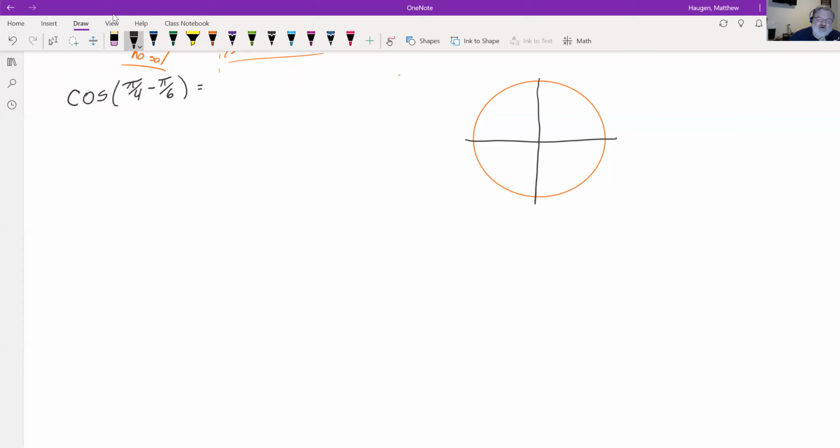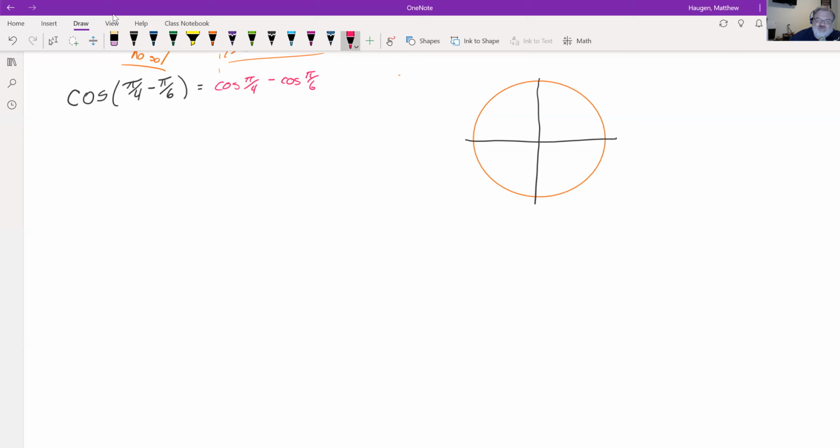Or if those were variables, being able to break them up. Just being able to manipulate that. And one might want it to be cosine pi over 4 minus the cosine of pi over 6, because that would be nice.